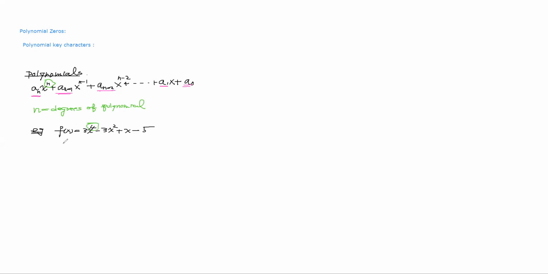So this polynomial has a degree equal to 4. And the a_n, the coefficient in front of the highest power, is what we call the leading coefficient.